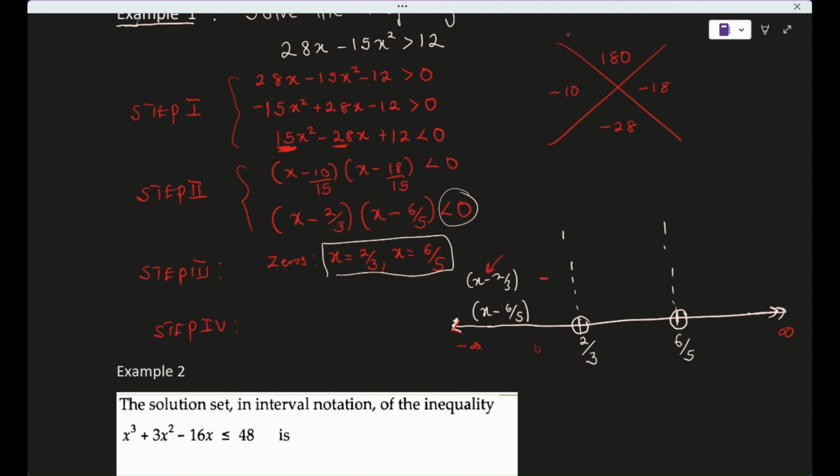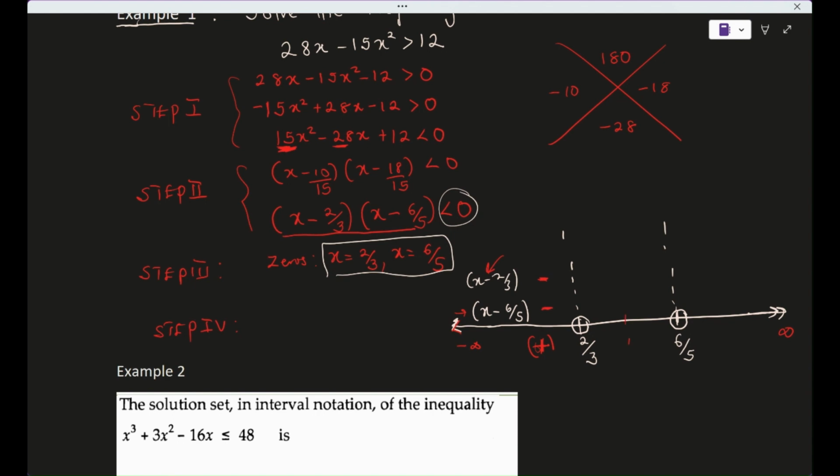Also, substitute 0 into the second factor here, and we will also get a negative number. But don't forget that we are multiplying these two terms. So it's negative multiplied by negative, and the output will be positive. So we have positive here. Now, between 2 over 3 and 6 over 5, we can take 1 as our test point.